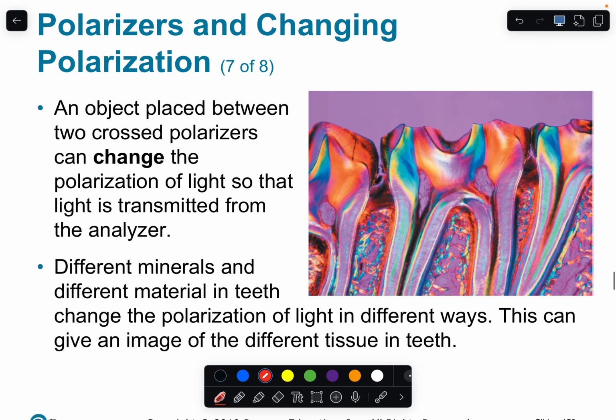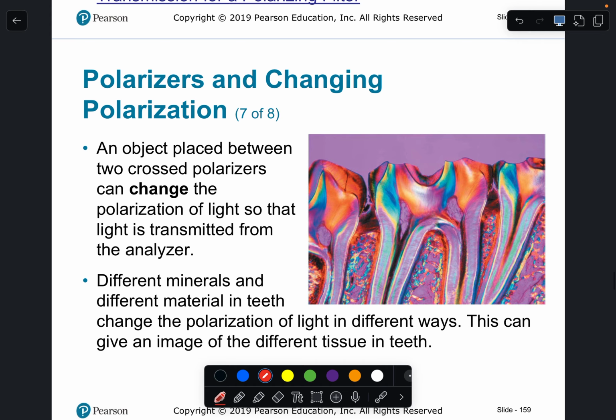We use polarization a lot to analyze images. This is an image of teeth. I can't remember the name of this technique, but essentially you're scanning the teeth with polarizers, and whenever there is a change in polarization, you get a different color. So you match the color to the polarization direction of the light.